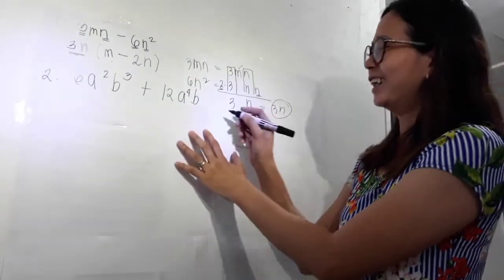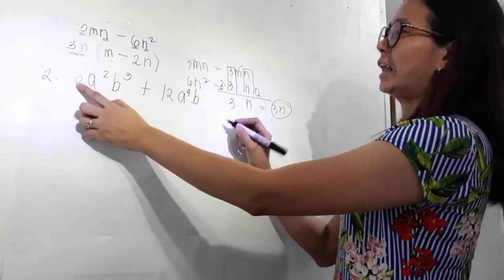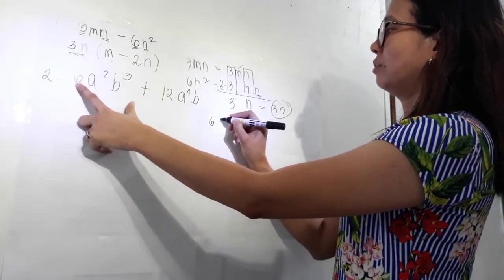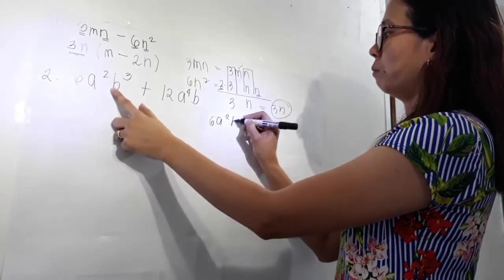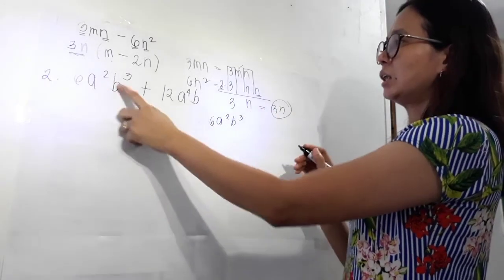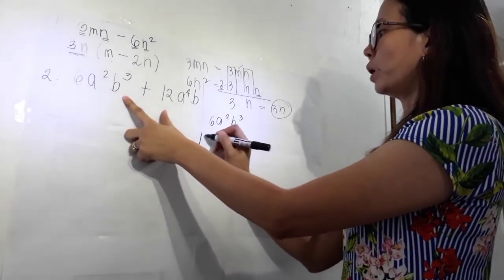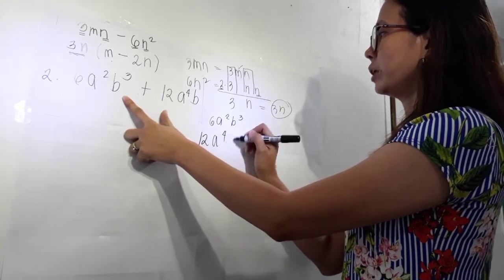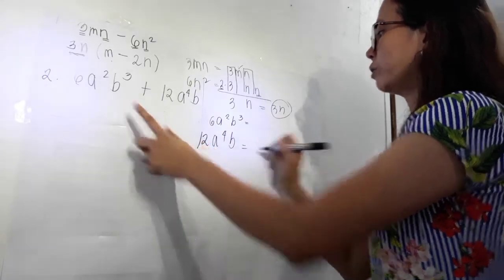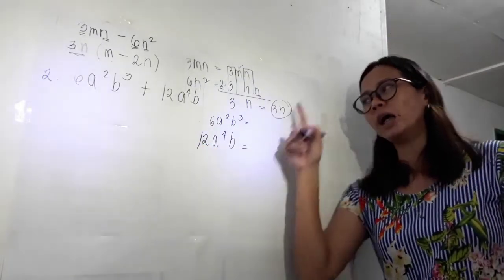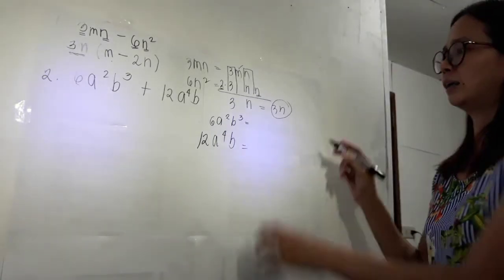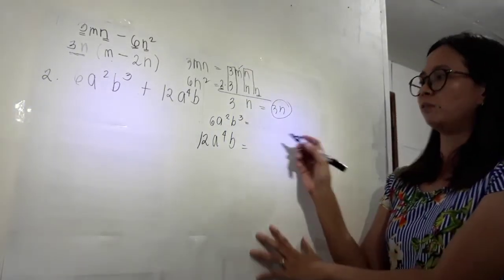Okay, so, let us get the factors of this binomial. 6a squared b cubed, then we have 12a to the 4th b. So, i-factor natin for us to know the common monomial factor.